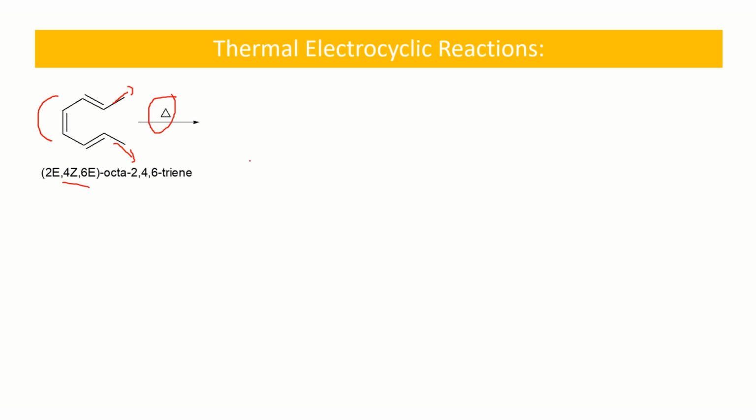Why? We know electrocyclics are HOMO, so really what we need is ground state triene. The HOMO of ground state triene, remember, is psi3.